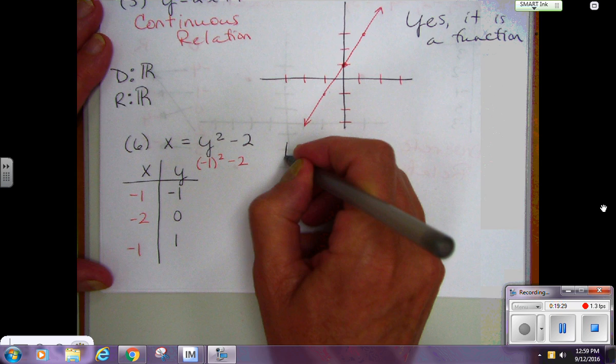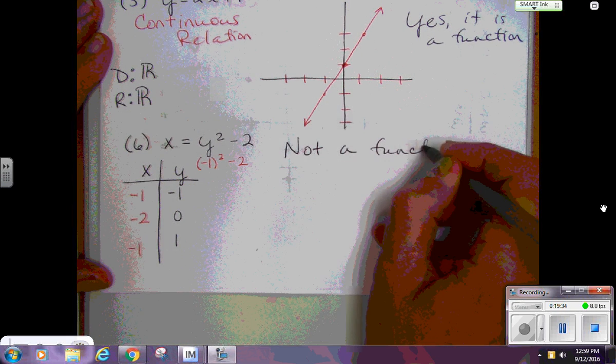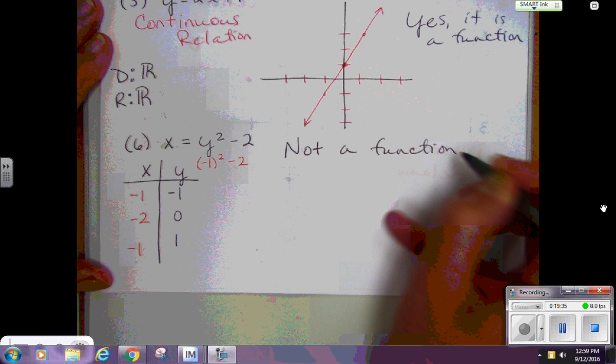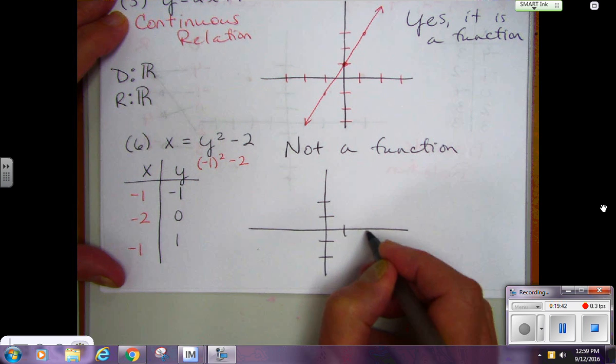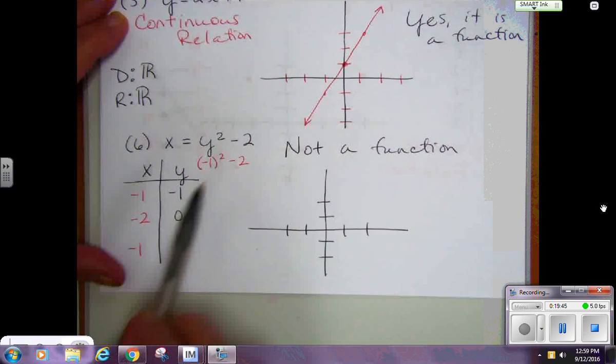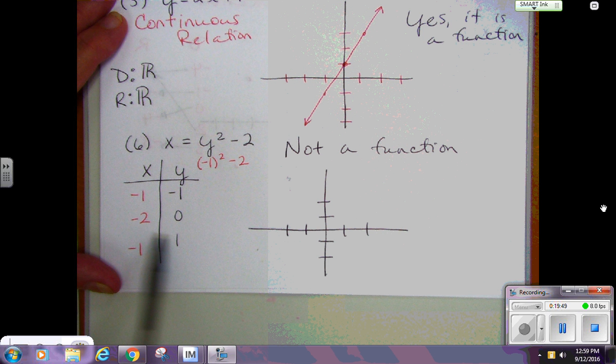I need to make it a curve, right? Okay, so I got -1, -1. So now I'm going to connect those points.